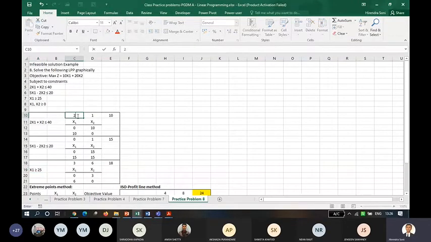एक जगह पर आपने जो भी काम किया है, can be copied and can be used at other places. यहाँ पर it would be 2, 1 and 40. This is 5. This is -2 and 20. Then on this side, x1 would be 1, x2 would be 0, and this would be 25.